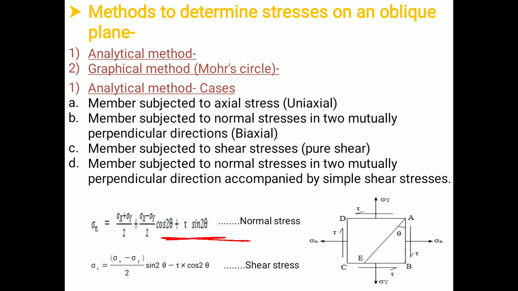The same thing will happen with sigma t also; sigma x and sigma y will be 0. These two equations are the ones we derived for case number 4.